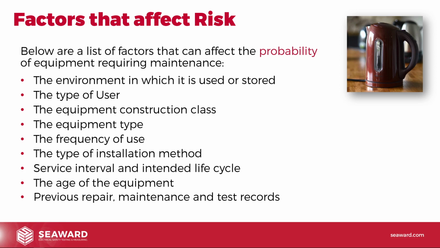So if we've got a list of repairs that have been carried out, and we know every 2 years it has to have a new lead and things like that, we can factor that in. Again, maintenance schedules we talked about, if there's any parts that need changing and any planned maintenance or predictive maintenance. And also test records, previous PAT testing records, again, will give us a clue about any problems that have come up and the frequencies at which things have occurred.